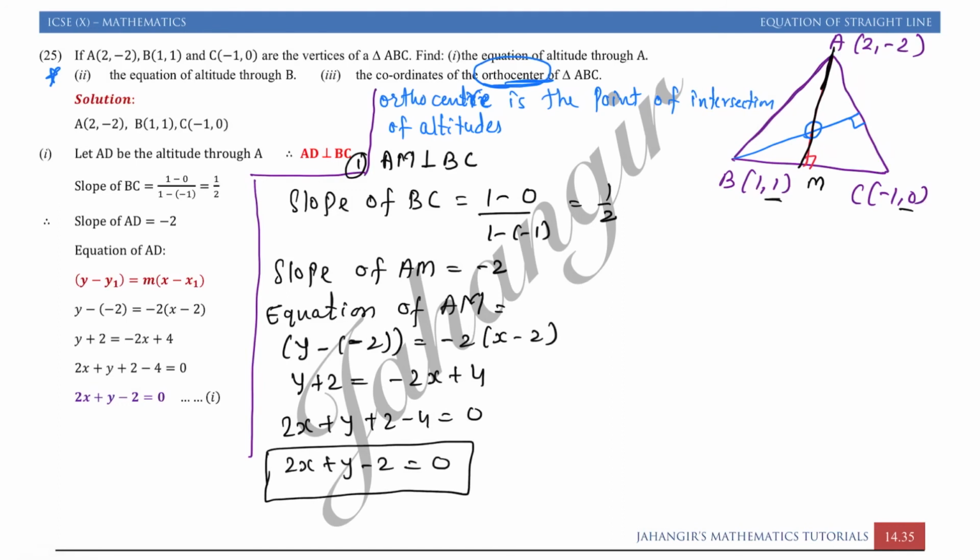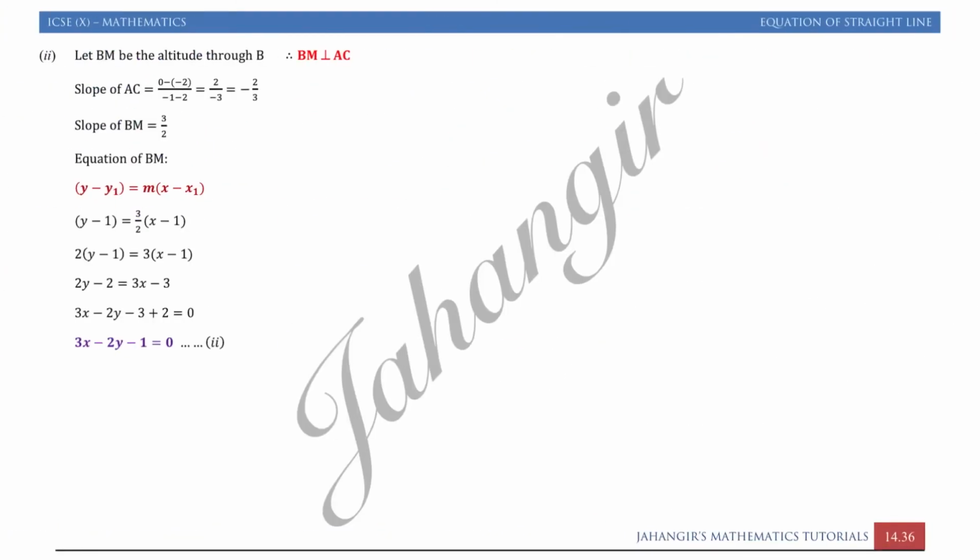Now we can find equation of BN. We can say BN perpendicular to AC. So therefore slope of AC is equal to, A and C का coordinate I can write.